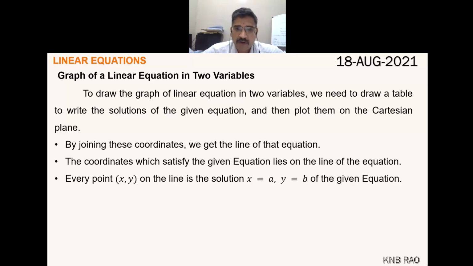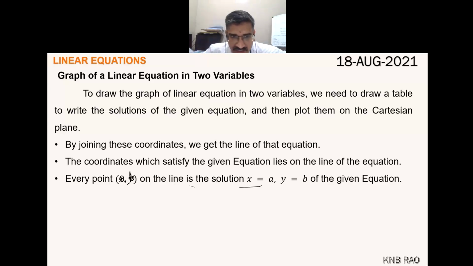So every point a comma b on the line is the solution, where we write x equals a and y equals b. Sorry, here I was supposed to say a and b; it is a typing mistake.